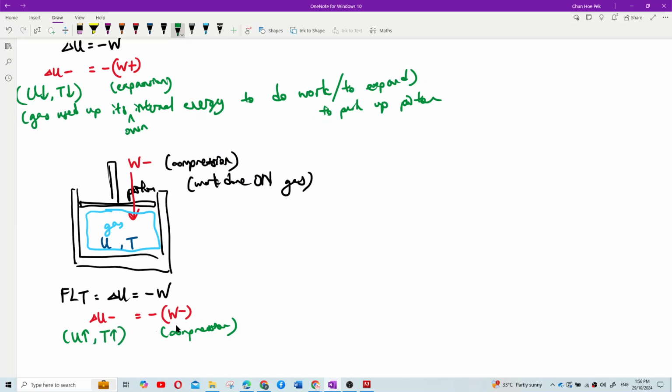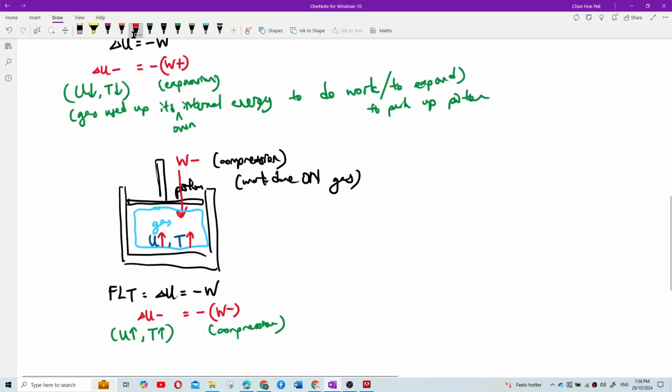Itu gas dapat tenaga, because it's work done on gas. Gas kena compress. So itu work done from the compression, tenaga work done ni akan masuk ke dalam gas, masuk sebagai internal energy. So dia punya internal energy storage akan bertambah. So gas akan jadi panas. So bila satu gas kena compress, gas itu jadi panas.